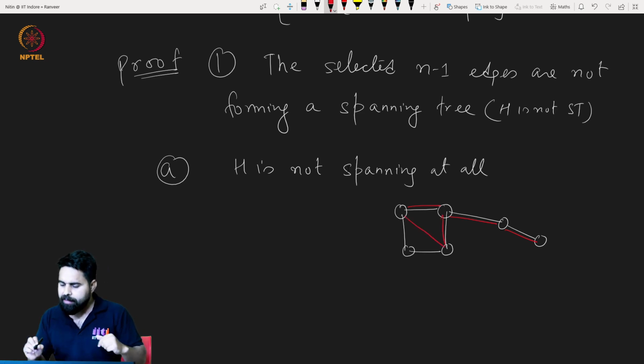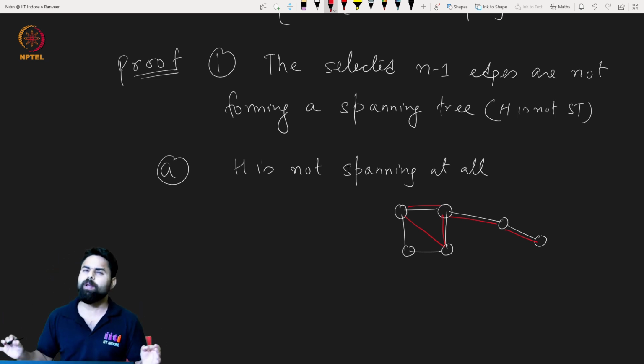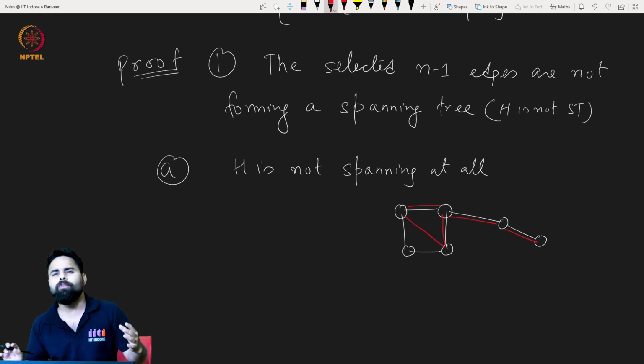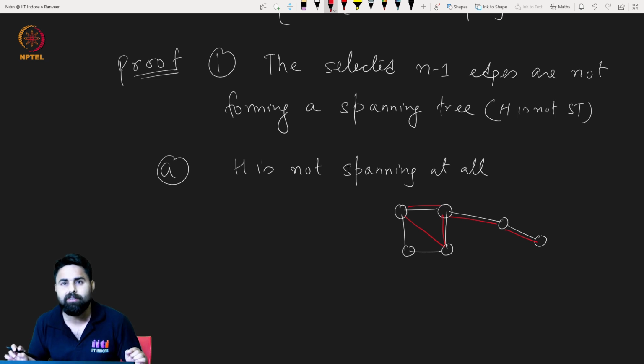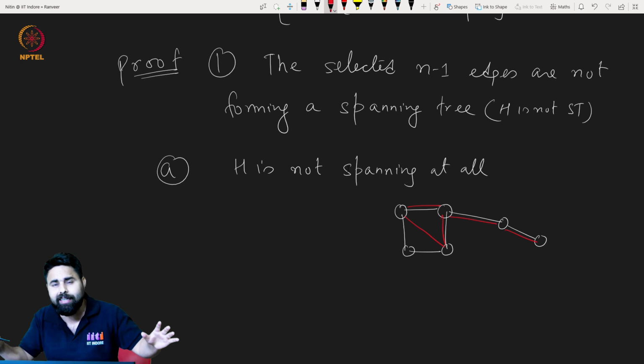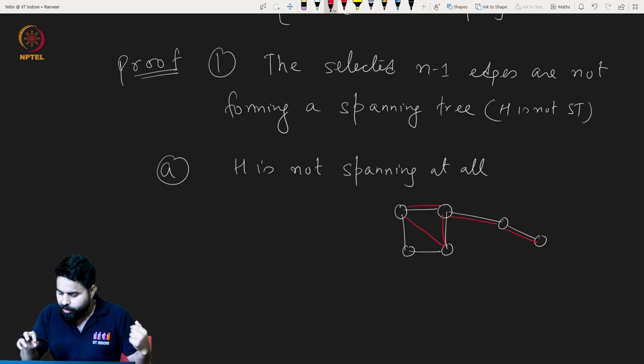You see that these selected n-1 edges, the red ones, are not spanning. In this case, there will be at least one vertex which is not incident on these red chosen edges, which make up H.